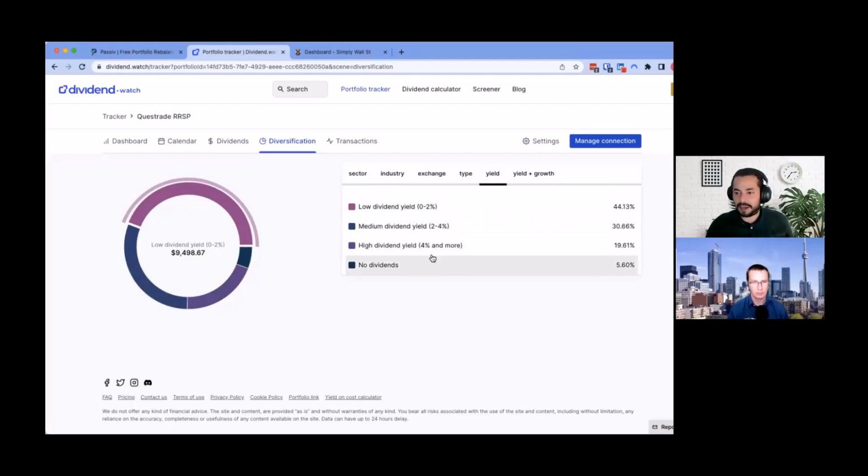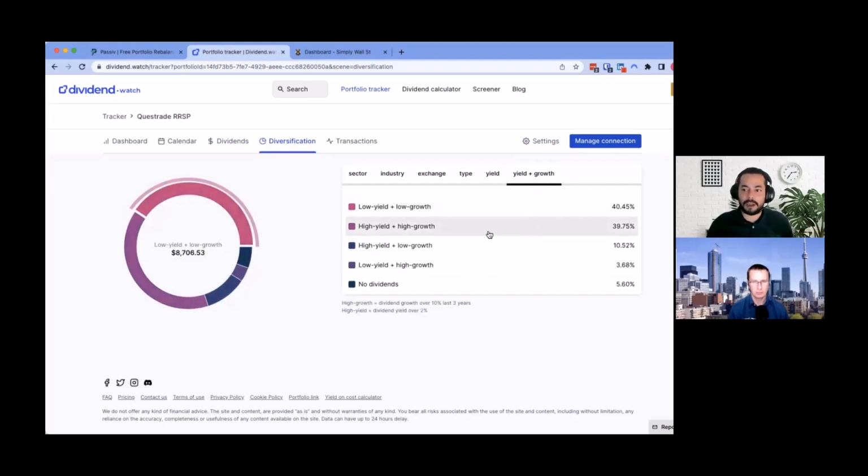As you can see here, only 19% of my portfolio has high dividend yield, whereas the rest are in low to medium yield categories. But they also factor in low yield and growth. The way I look at it, it's getting more of a lens or an understanding of how I'm diversified from a dividend perspective.